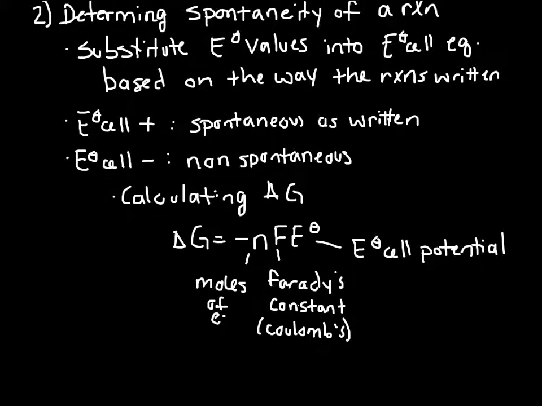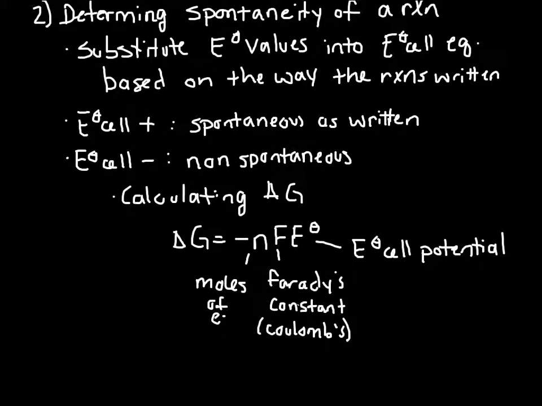The second calculation we can use with the standard reduction potential values is determining the spontaneity of a reaction. What you want to do is substitute your E theta values into your E theta cell equation based on the way the reaction is written.